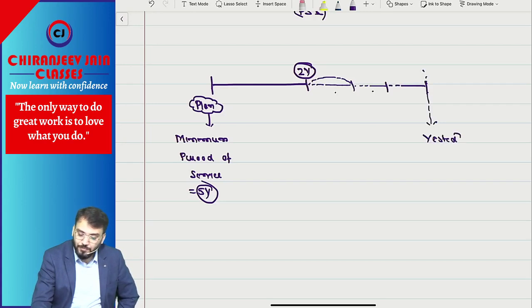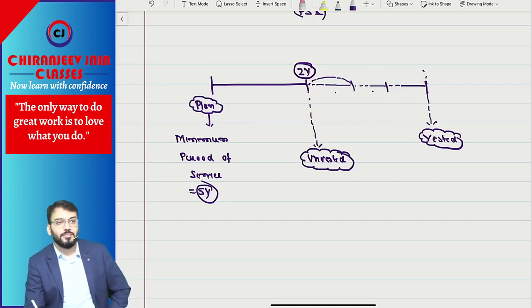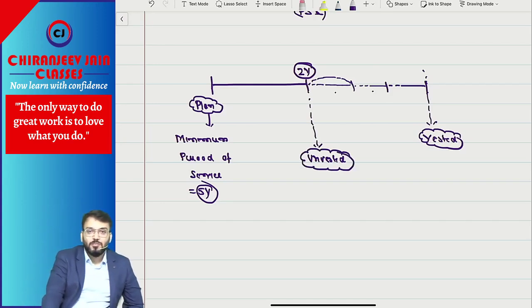Right now the plan is unvested. I hope you have understood. Are you able to understand what is vested and what is unvested?